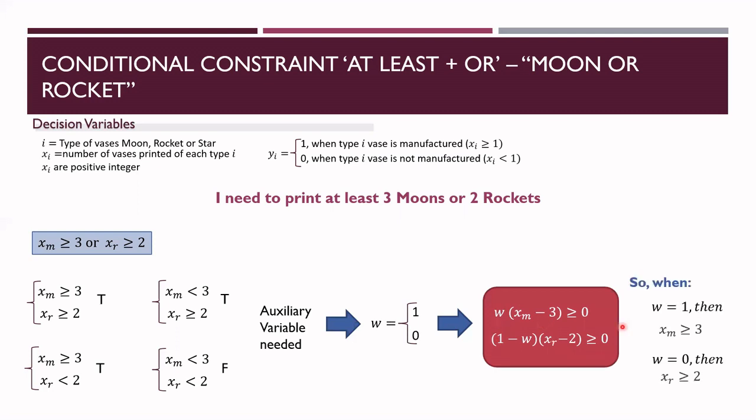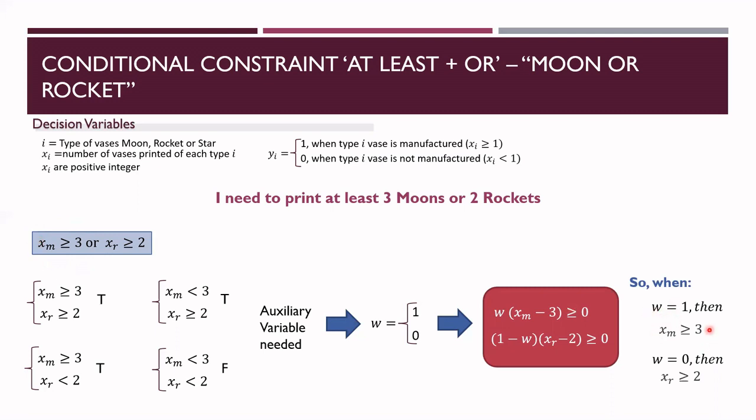What will happen is that when w is equal to 1, this equation is going to be valid, but this term here is going to 0, so this whole equation is going to 0, and so xr is not going to be limited by anything, only xm. So it's like saying that just this inequality is working.